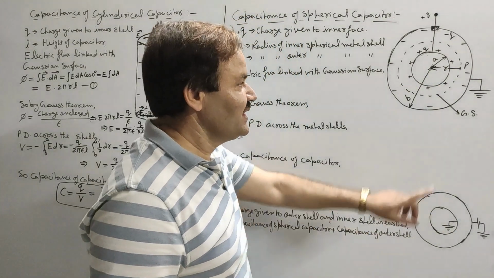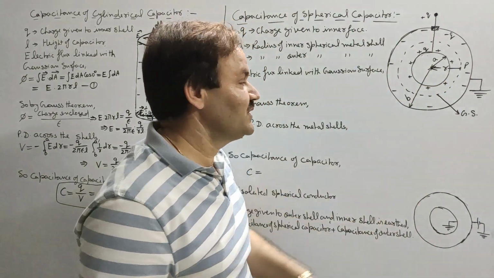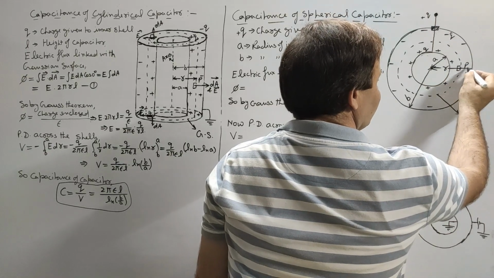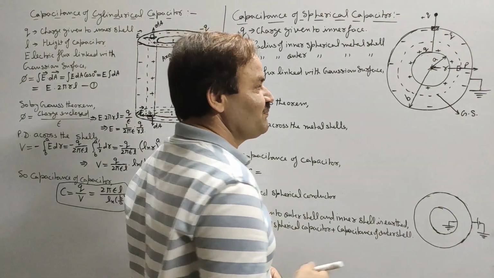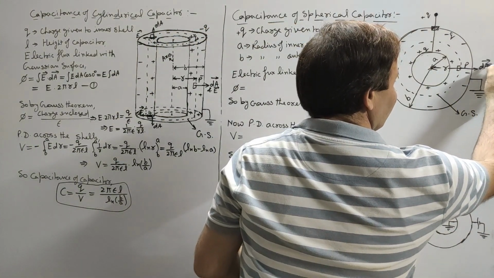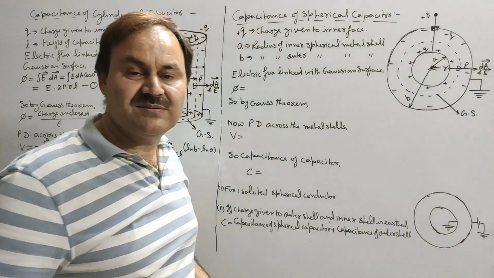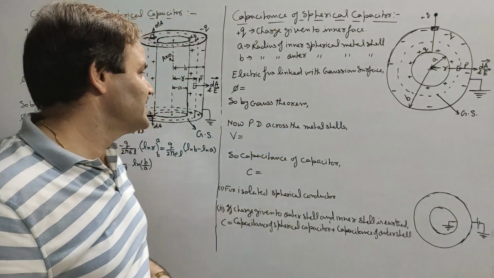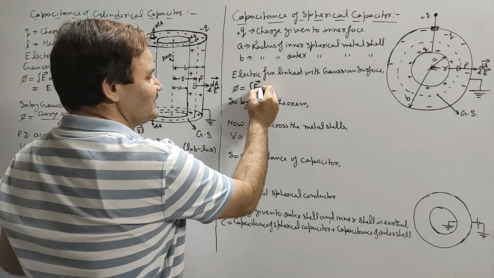Now the electric flux linked with Gaussian surface is to be found, and for that, say we are considering a small area dA on the surface of Gaussian surface. Then for this area dA, area vector and electric field vector both will be in same direction. Hence, electric flux linked with Gaussian surface phi will be integral E dot dA.